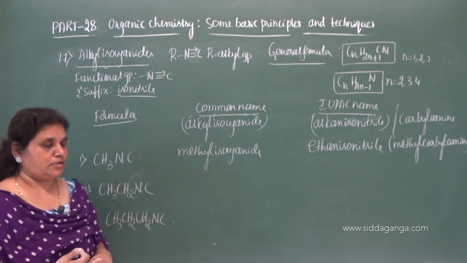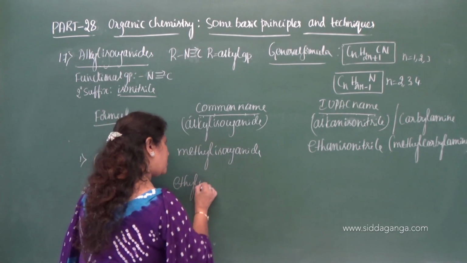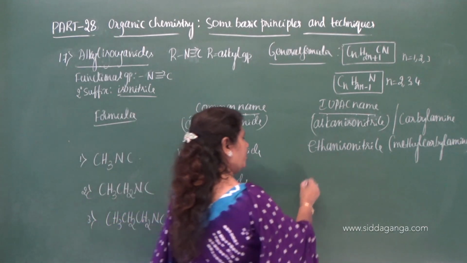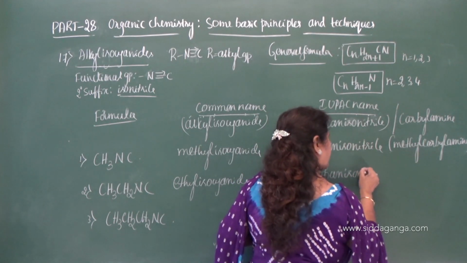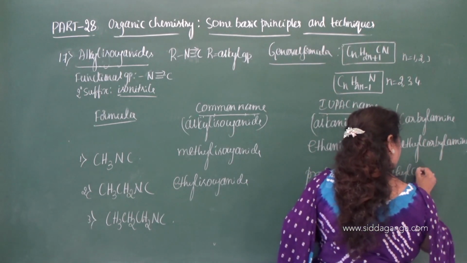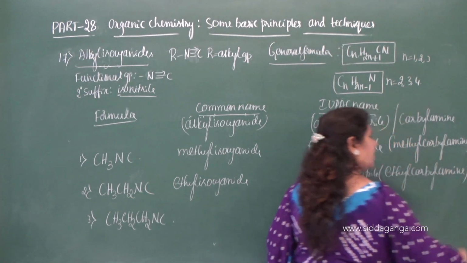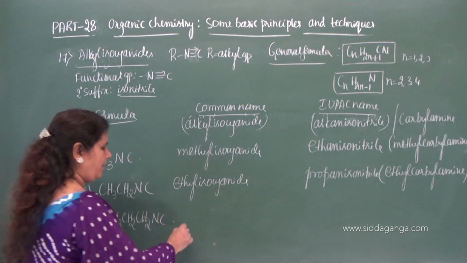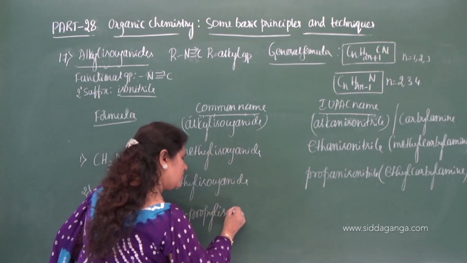It is highly poisonous also. Now ethyl isocyanide, and propane isonitrile, and ethyl carbyl amine. Ethyl carbyl amine is the IUPAC name. Now propyl group is there, therefore N-propyl isocyanide.